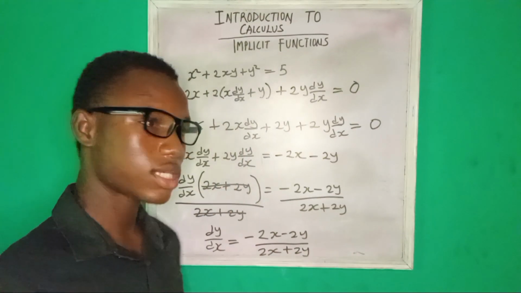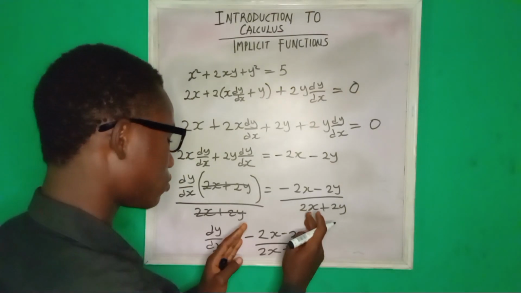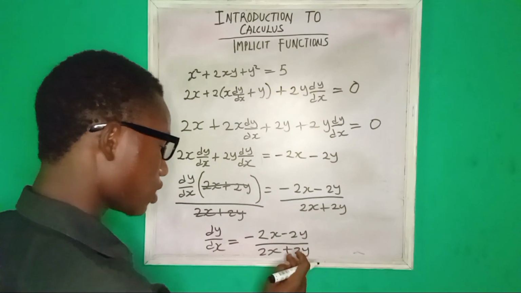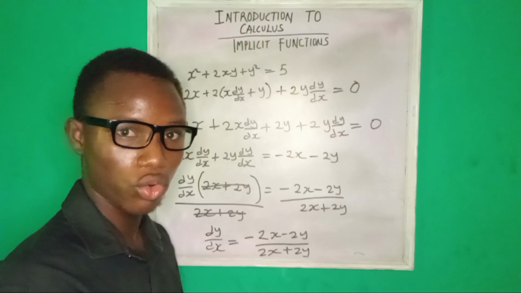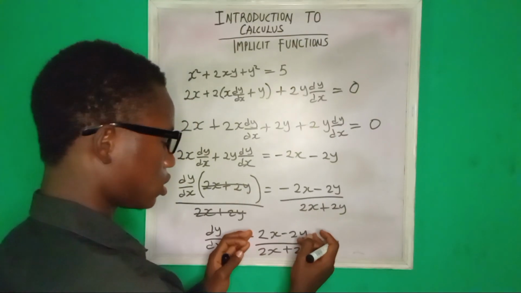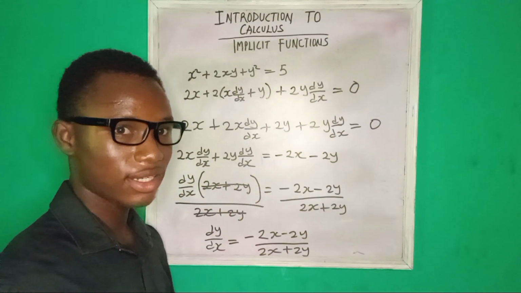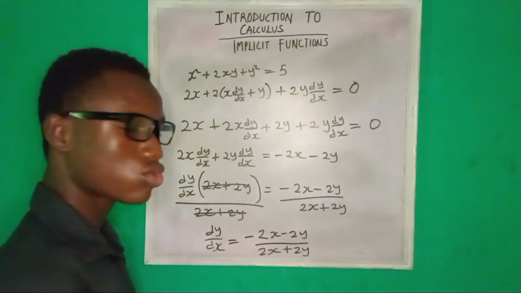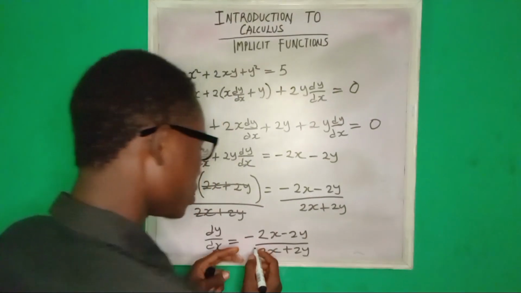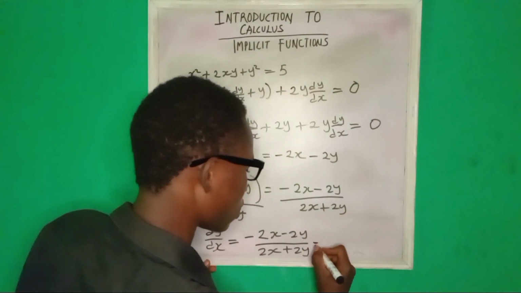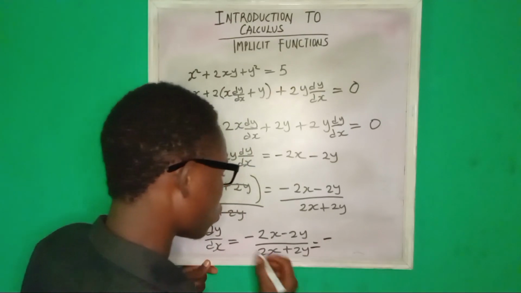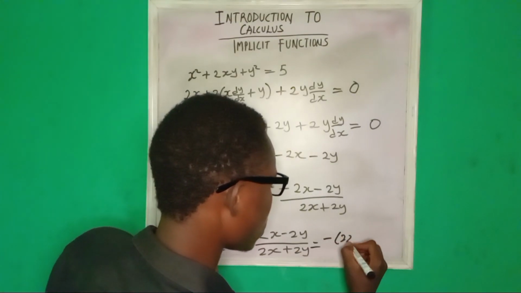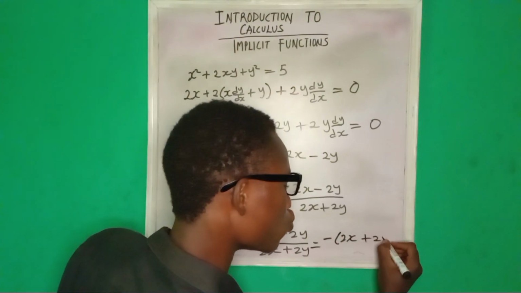Now most of the times the answer usually ends up this way, but right here I'm seeing a loophole: the denominator and the numerator are the same if I bring out the minus sign. If I bring out the minus sign, we will have it as equal to minus, open bracket, 2x plus 2y.